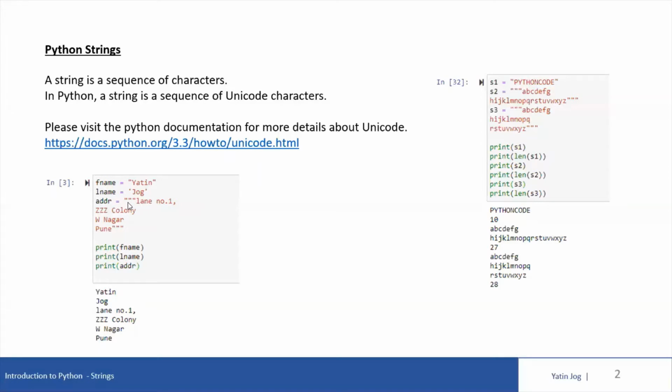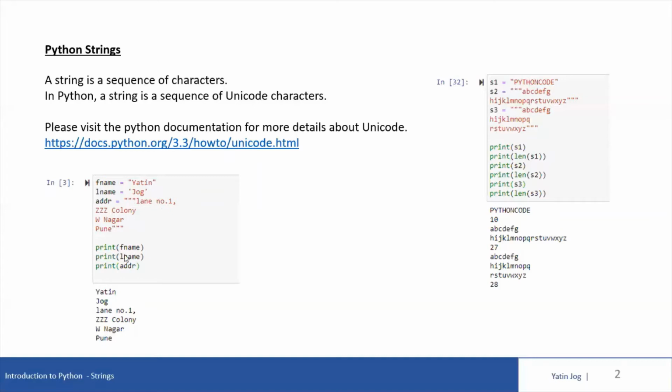used for multi-line strings. So you can see my string is starting on this line. I'm typing my address, going to the second line, third line, fourth line, and then I'm ending the string. In this way, you are allowed to have multi-line string values with triple quotes.